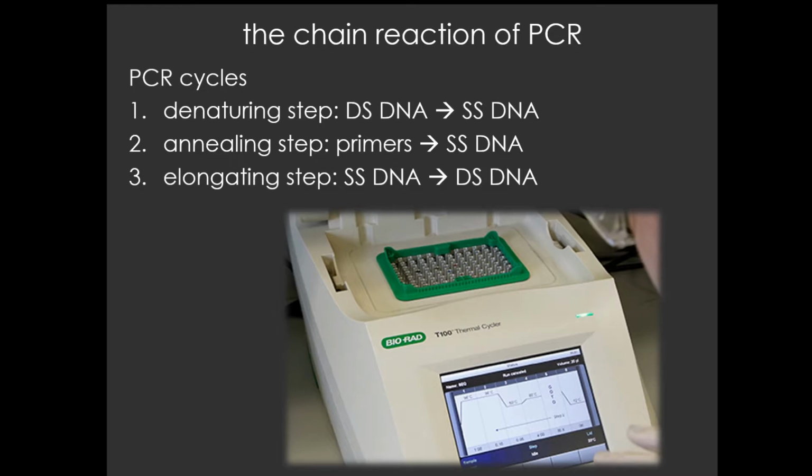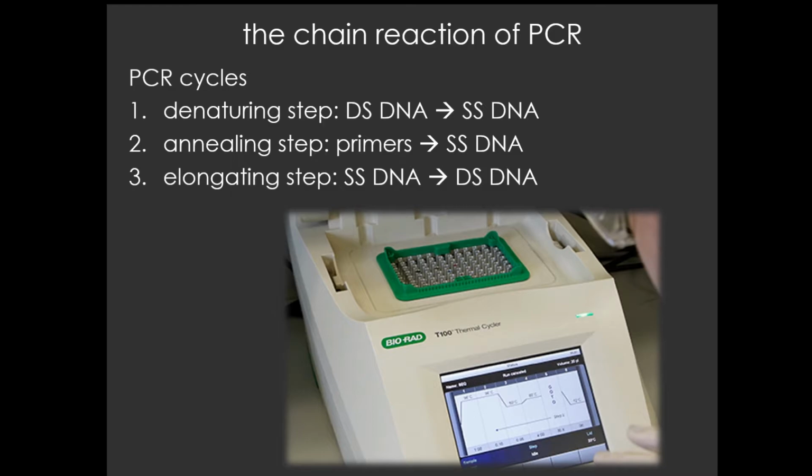It will go from the denaturing step where double-stranded DNA is denatured to single-stranded DNA, and then move down to the annealing temperature where primers can bind to that single-stranded DNA, and then it will increase the temperature to the elongation temperature of 72 degrees so that DNA polymerase can catalyze the reaction of converting that single-stranded template DNA into double-stranded DNA.